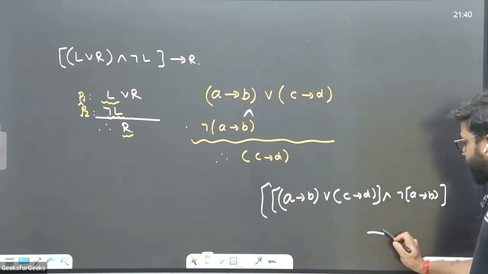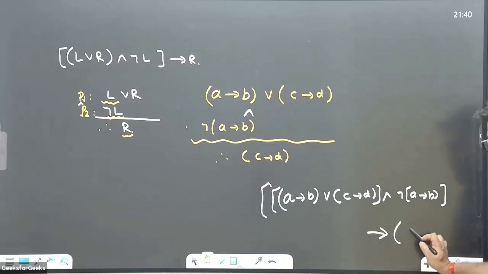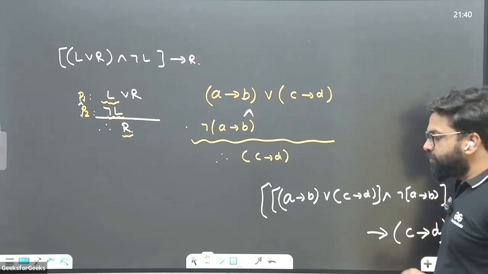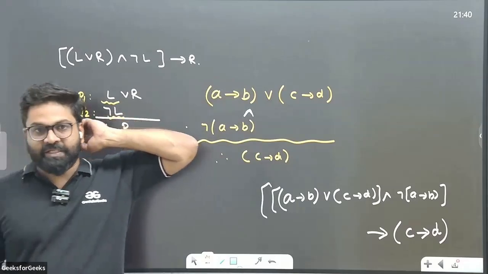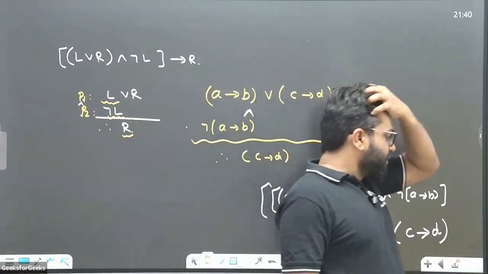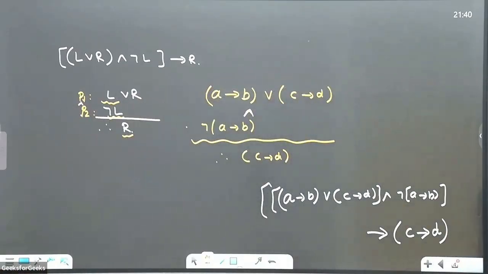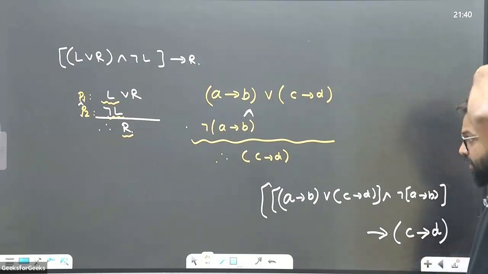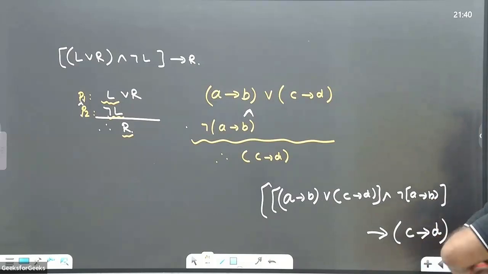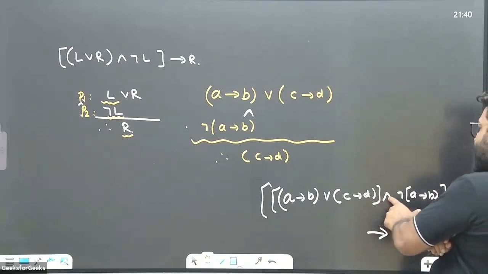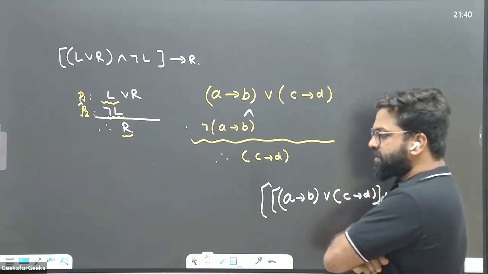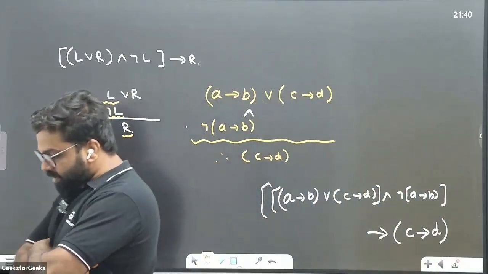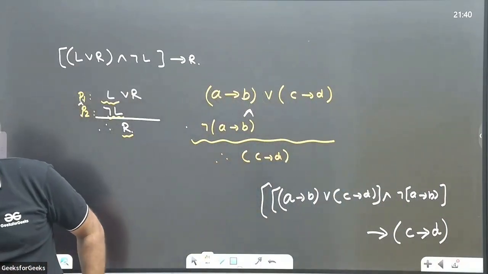So what will your conclusion be? Your conclusion will become C implies D. It's a very simple concept. A implies B or C implies D, and a negation of A implies B. This whole thing is concluding C implies D. And that's how we can make our conclusion.